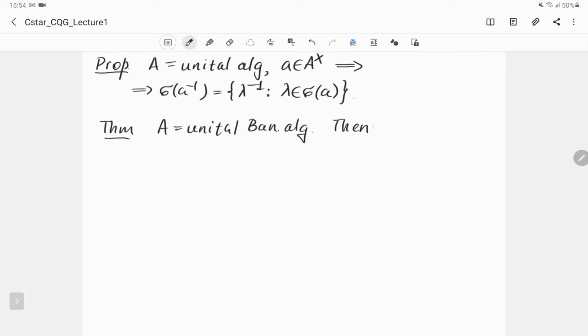Then we have the following results. First of all, if little a is an element in our algebra such that the norm of a is less than 1, then the element 1 minus a is invertible. And there is the following explicit formula for the inverse of this element.